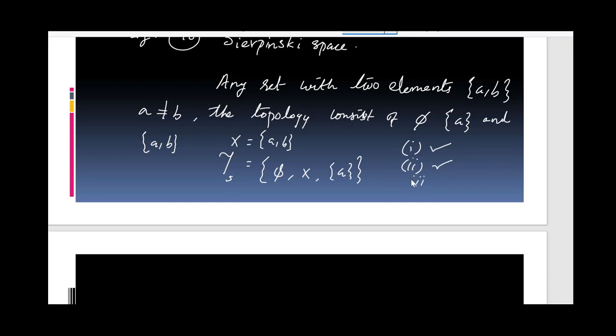Next, check whether it is closed under finite intersection. When you take the intersection with the empty set, you will get empty. And the intersection of X and singleton {a}, you will get {a}. So in the finite intersection case also, it is closed. So definitely it will form a topology.